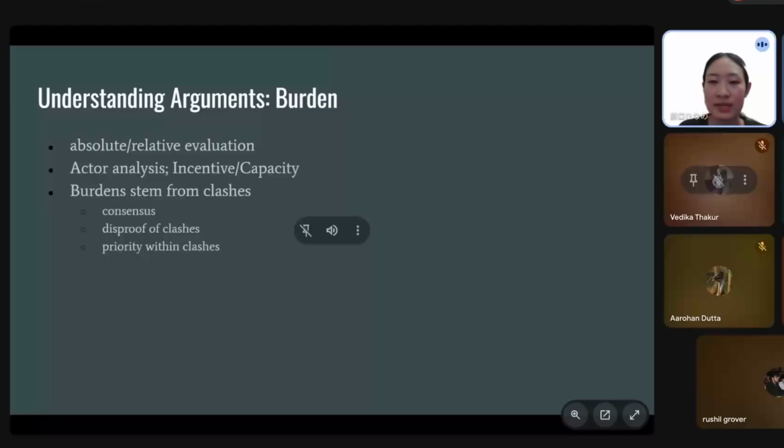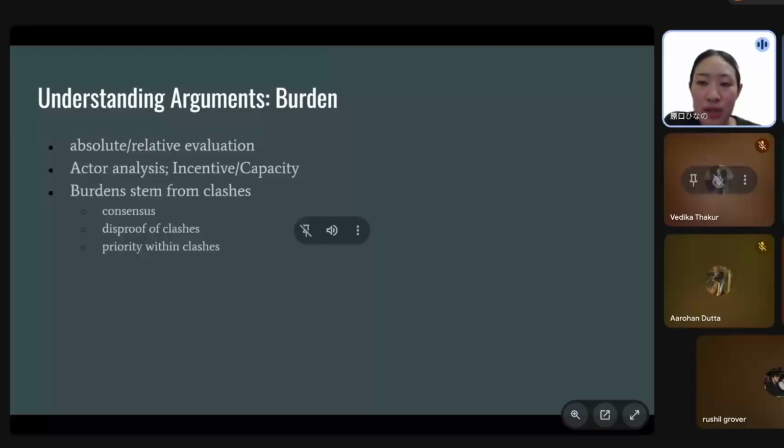So especially when evaluating based on the actor, it is important to acknowledge that there is a part of incentive and a part of capacity. It depends on the case, whether incentive is dominant, capacity is dominant, or both are equally important.